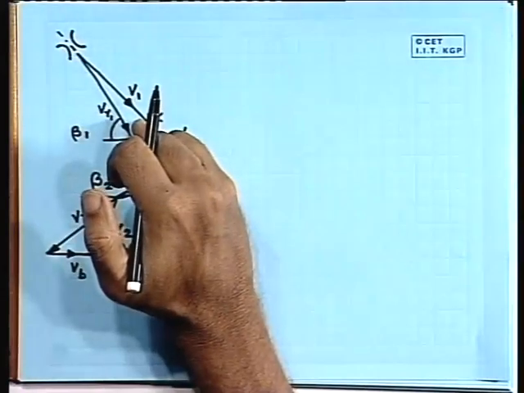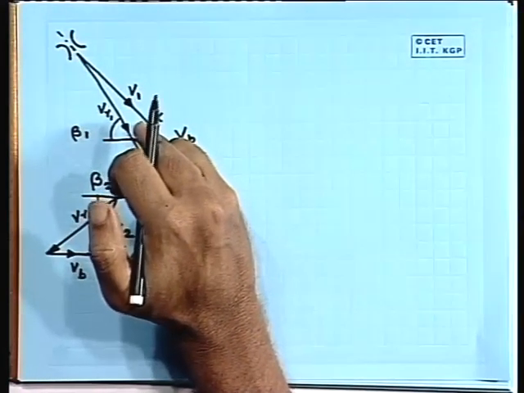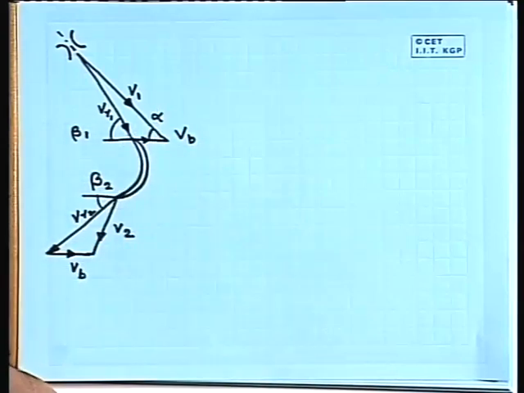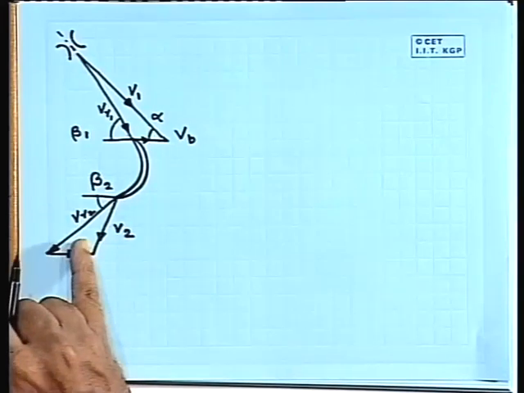So, this is basically a triangular representation. The top triangle is known as inlet velocity triangle, and the triangle at the bottom is known as the exit velocity triangle or outlet velocity triangle.